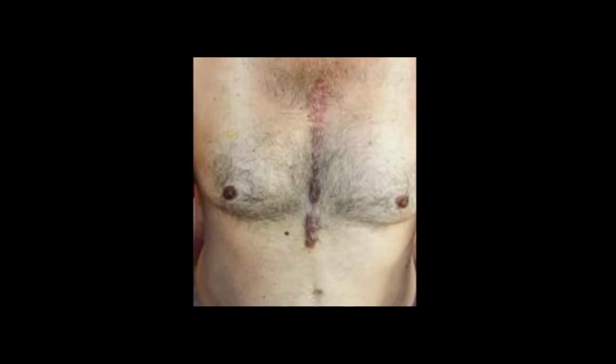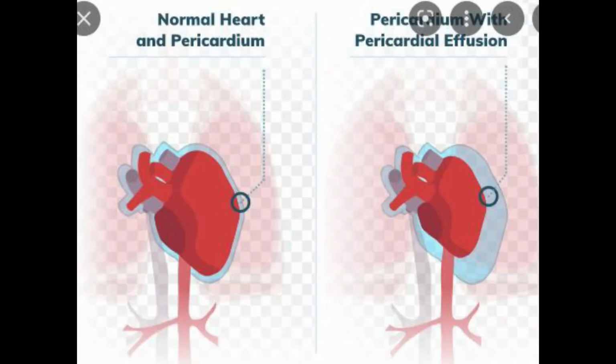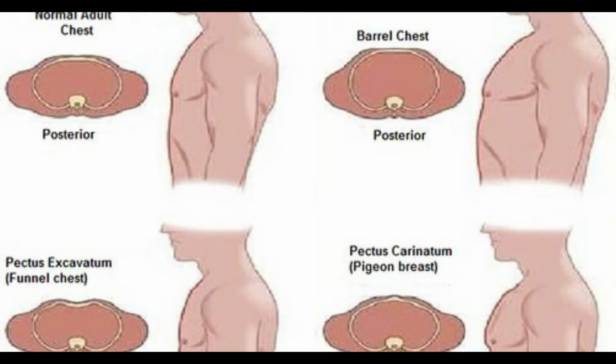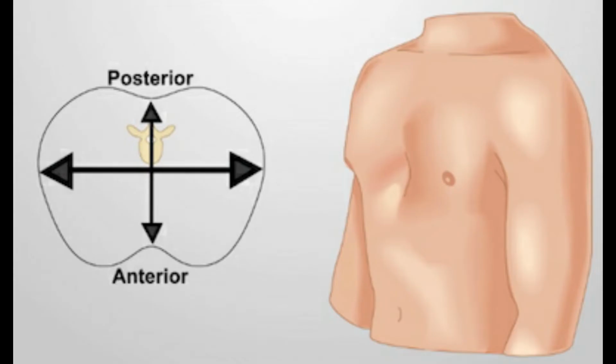Are there any abnormal cardiac impulses and other findings? Regarding the shape of the chest, normally it is elliptical. That means the anteroposterior diameter of the chest is usually less than the transverse diameter. That is what we call elliptical in shape.